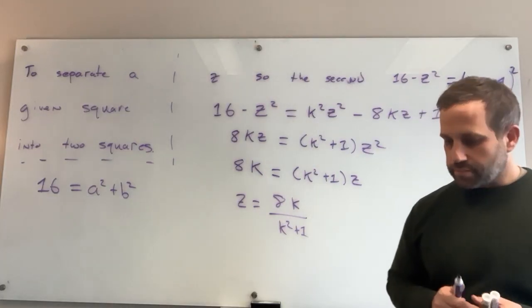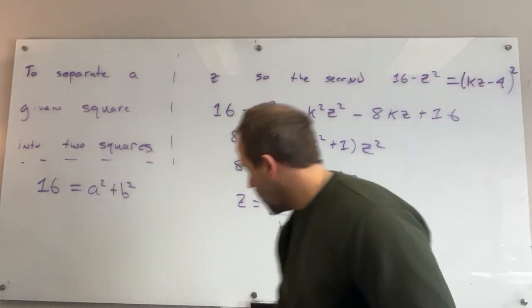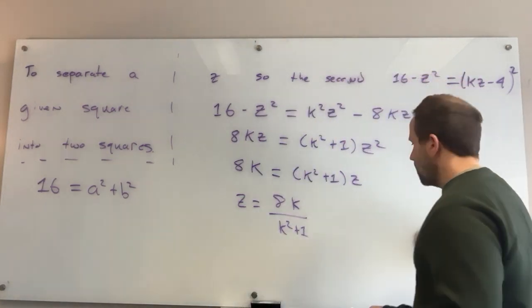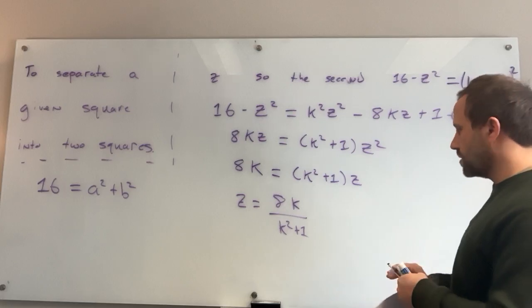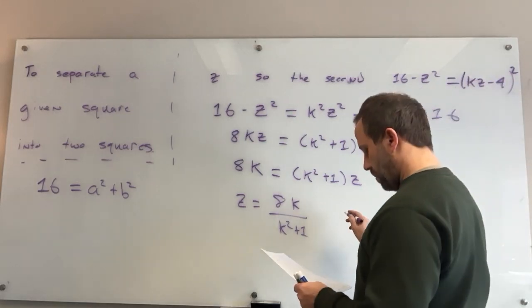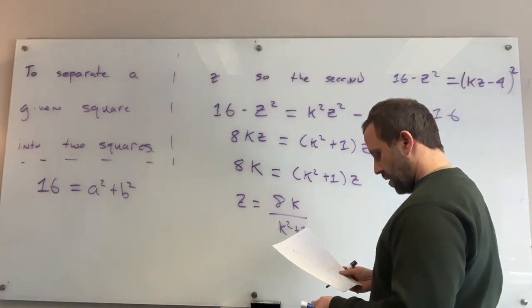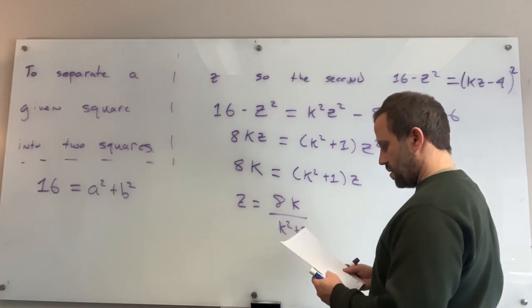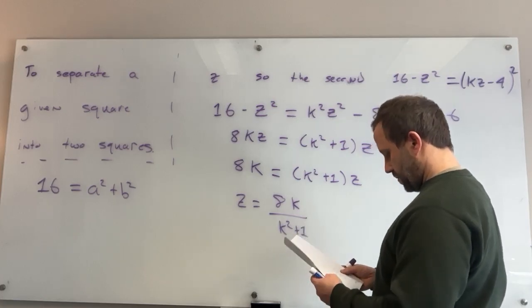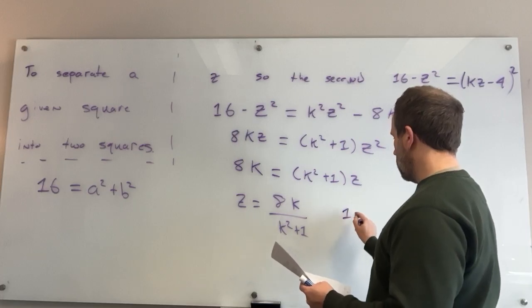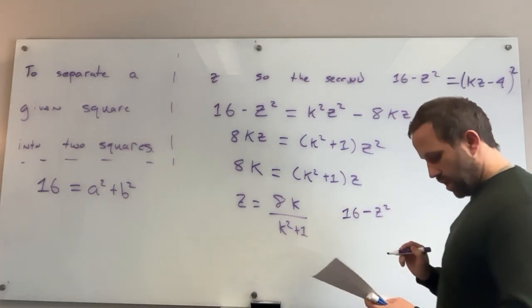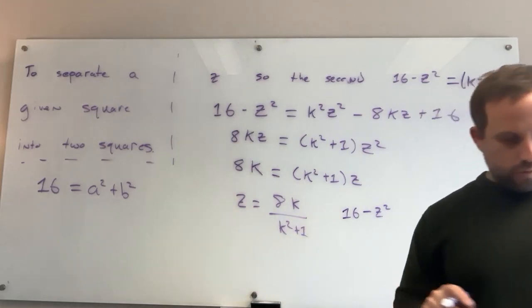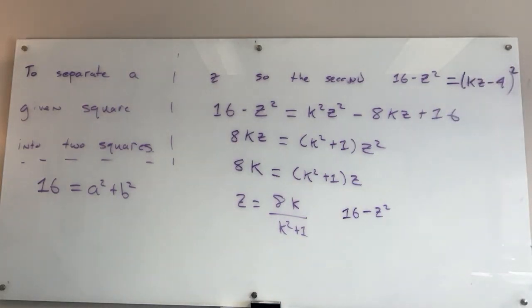In particular, this is one solution, and then if we do 16 minus z squared, sorry. Wow, where did my notes go here?